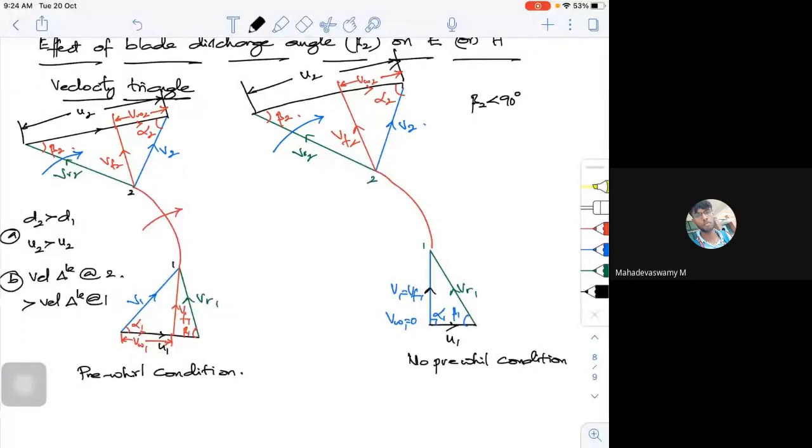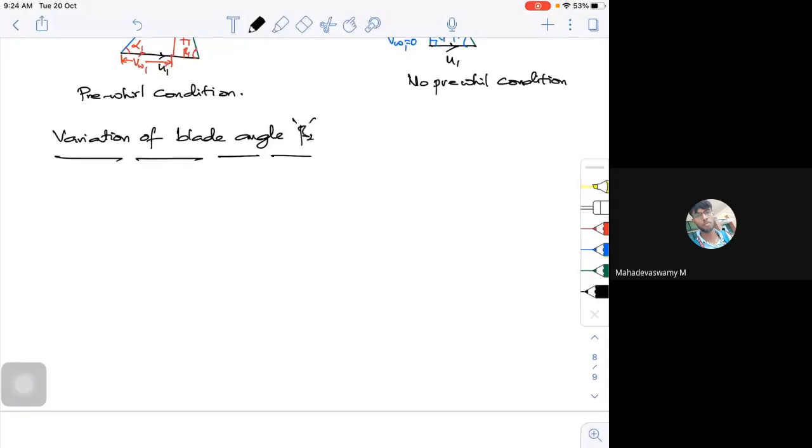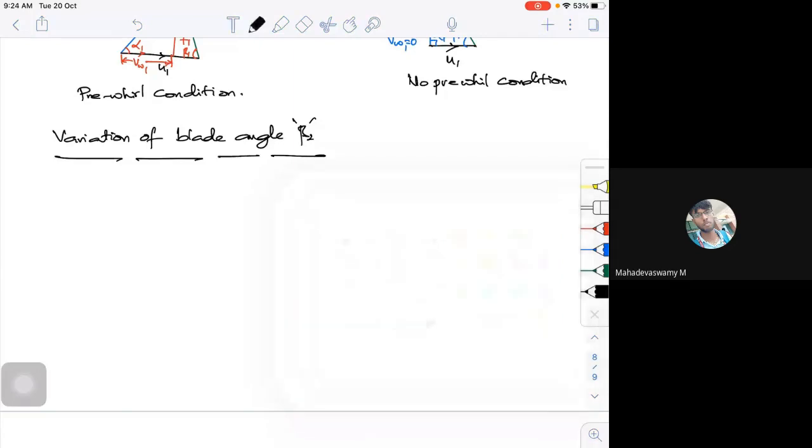That means, if I try to write it, the variation of blade angle, the blade angle beta 2. Let me write that.